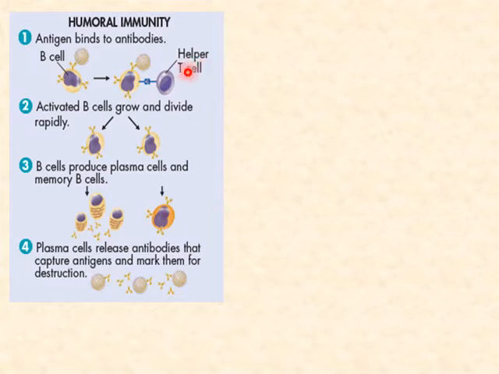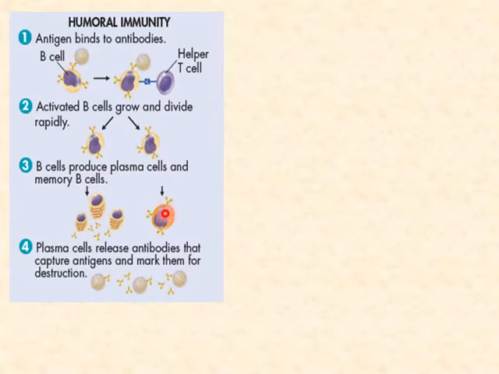These stimulated helper T cells activate B cells to grow and divide rapidly to produce new B cells. The activated B cells in turn form two types of B cells called plasma cells and memory B cells.